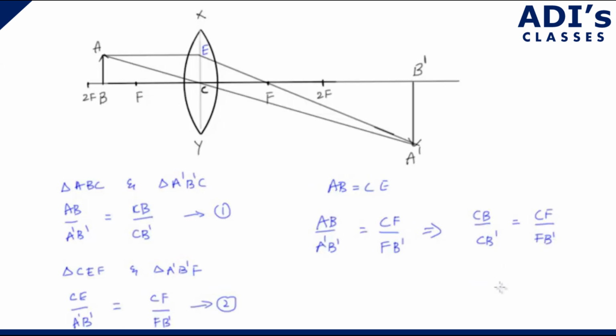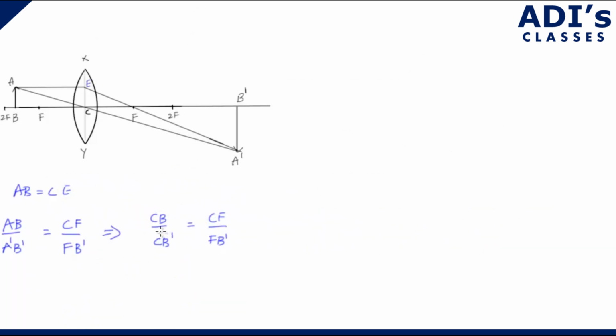Now once we got this, CB is nothing but U and CB dash is V. CF is the focal length, but FB dash we have to write in terms of the known lengths. FB dash is nothing but CB dash minus CF, so FB dash is equal to CB dash minus CF.